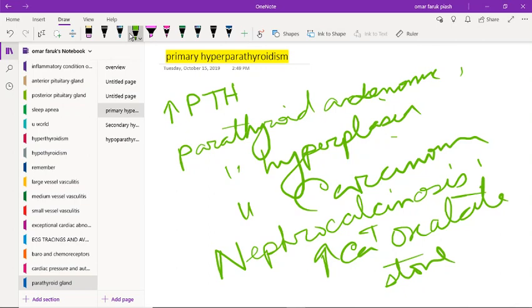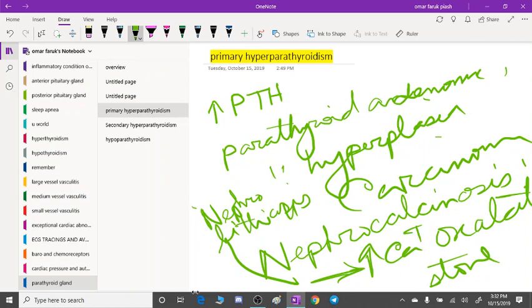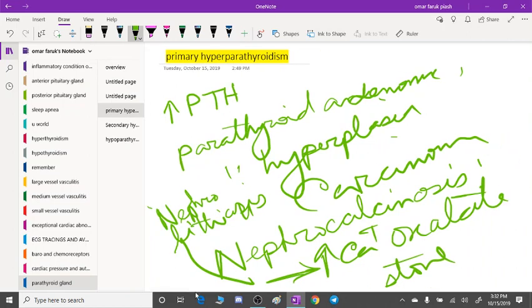Sorry, I said the wrong term. Please correct this: in nephrolithiasis there is increased calcium oxalate stone.